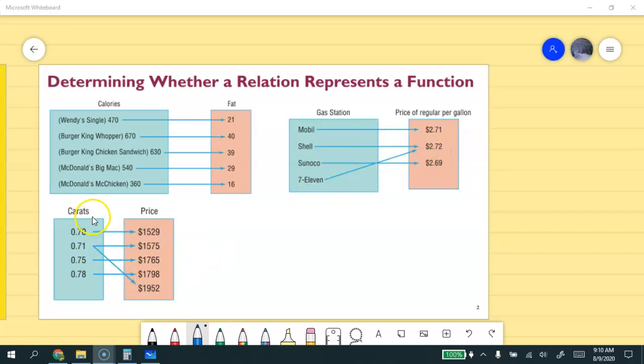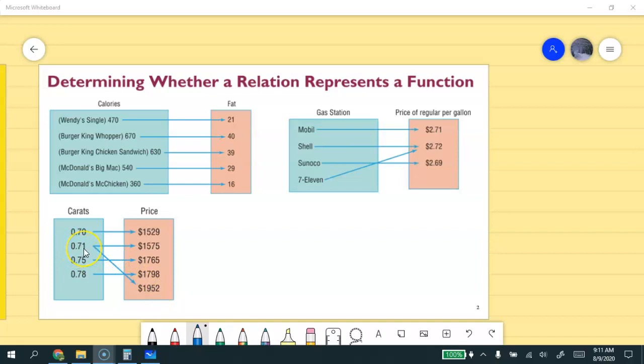And finally, here, this is the carats. Carat as in, I would say, gold. So 0.7 carat, 0.71 carat, 0.75 carat. The closer you get to 1 carat, generally the more pure the gold is going to be. And this is probably the price per entire brick of it, so it says 1,529 and so on. Now, one thing you'll notice is that for 0.71, this is an issue.